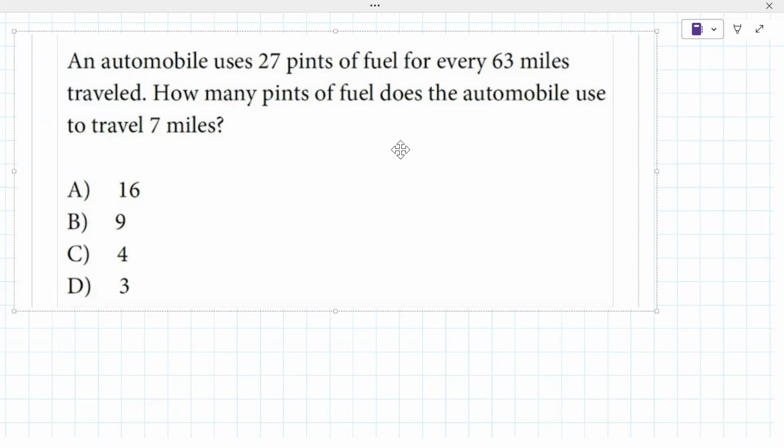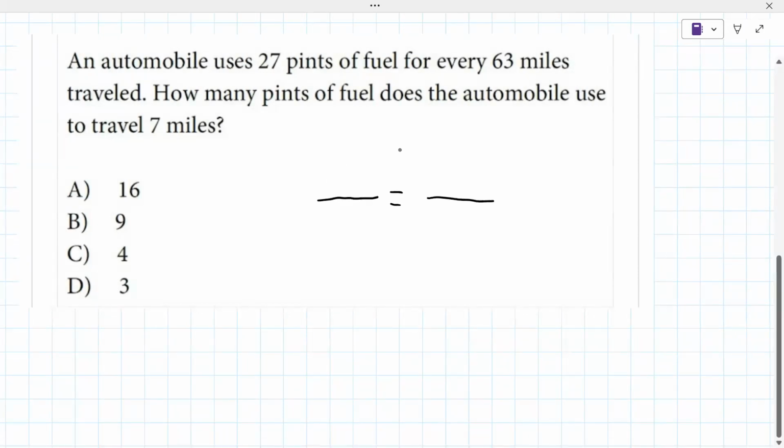Yes, there you go. I would recommend setting up some sort of proportion, but that's up to you. What do you think?